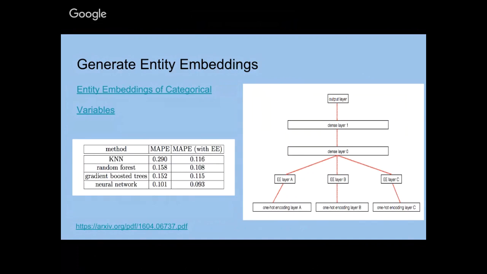MAPE is mean absolute percentage error, I think, and he shows that the new embeddings, which are generated with EE, meaning entity embeddings, perform considerably better than the ones without. You can see that neural networks have improved, random forest has improved by quite a bit, and so has GBM.